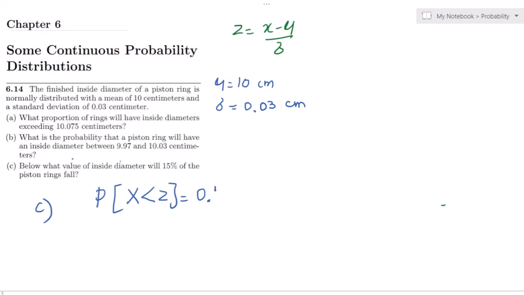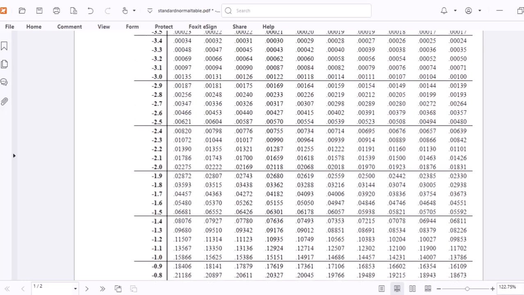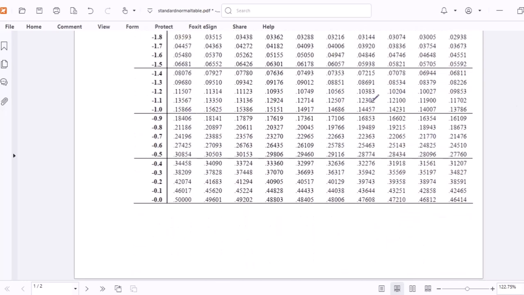That was 0.15. Now in order to find the value of this z, we have to take the inverse of the z table. We have to look in the table at what value of z corresponds with 0.15. Let me take you to this table and search for 0.15.